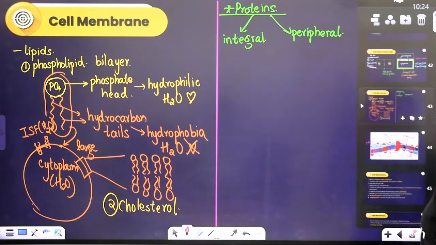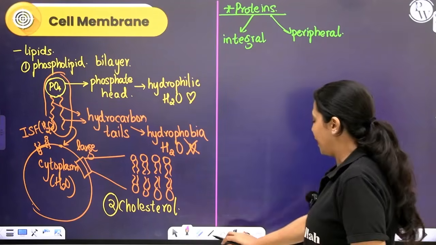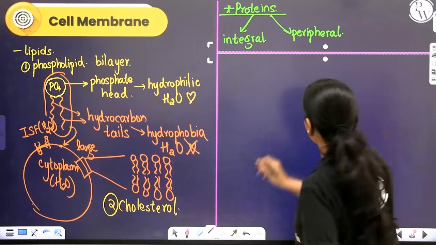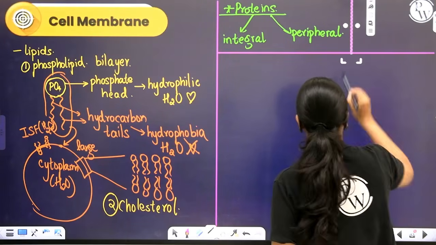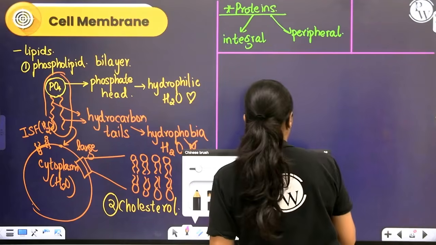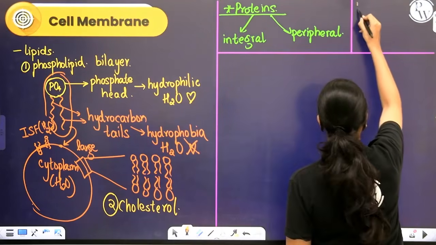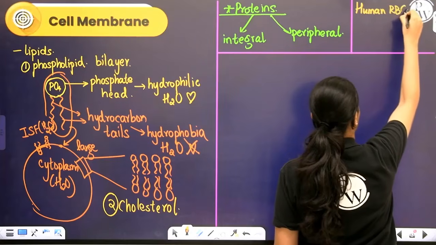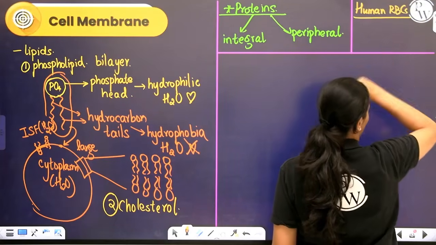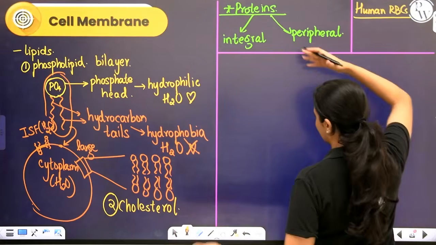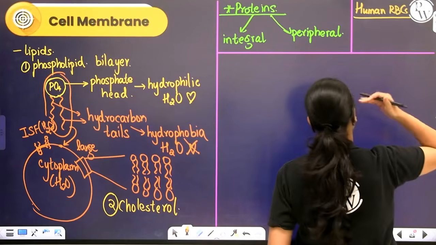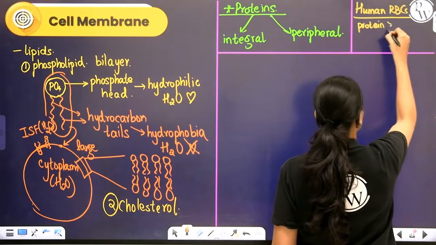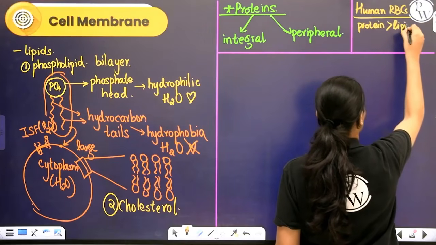Now, depending upon which cell type it is, the proportion of lipids and proteins in a membrane can vary. If you consider our human RBCs, or erythrocytes, which are majorly used for the study and analysis of cell membrane structure, the protein content is more than the phospholipid content.